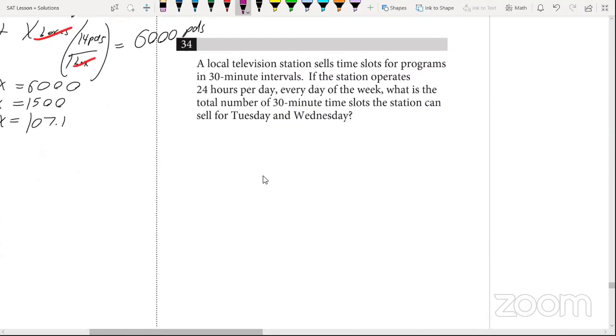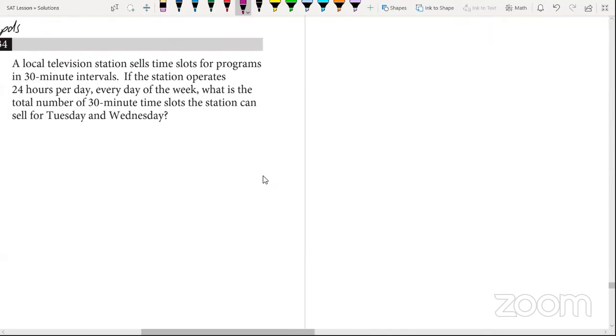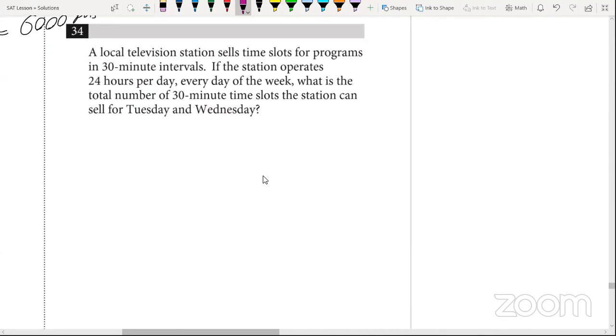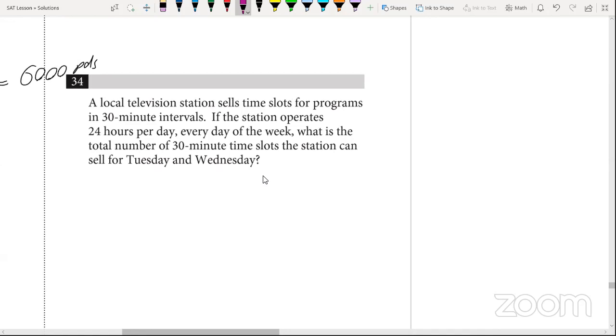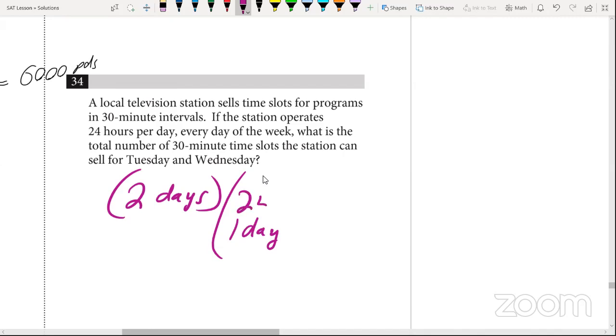Number 34. So we have time slots for programs in 30-minute intervals, 24 hours per day, every day of the week. And we're talking about 30-minute time slots for Tuesday and Wednesday. So Tuesday and Wednesday is 2 days. And 1 day is 24 hours.